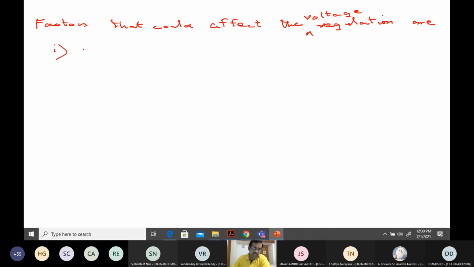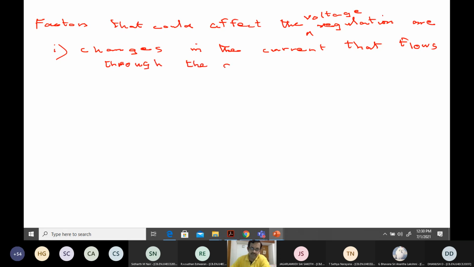So the load will draw some current. There will be changes in the current that flows through the diode, and this change is happening due to the current drawn by the load.